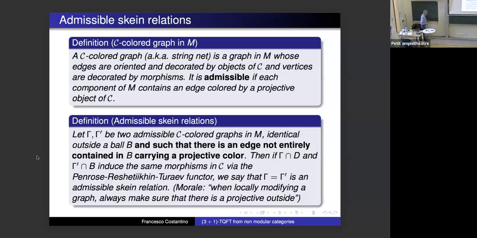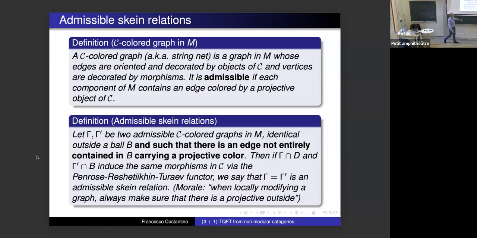Then I declare the two graphs to be skein equivalent. This is a standard skein equivalence. The only proviso is that I only accept this skein equivalence when there is an edge of my graph which is not entirely contained in this ball and which is colored by a projective.